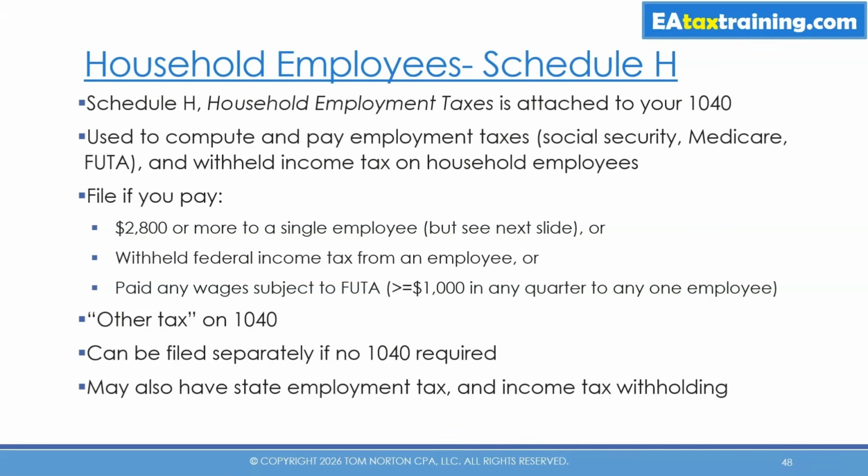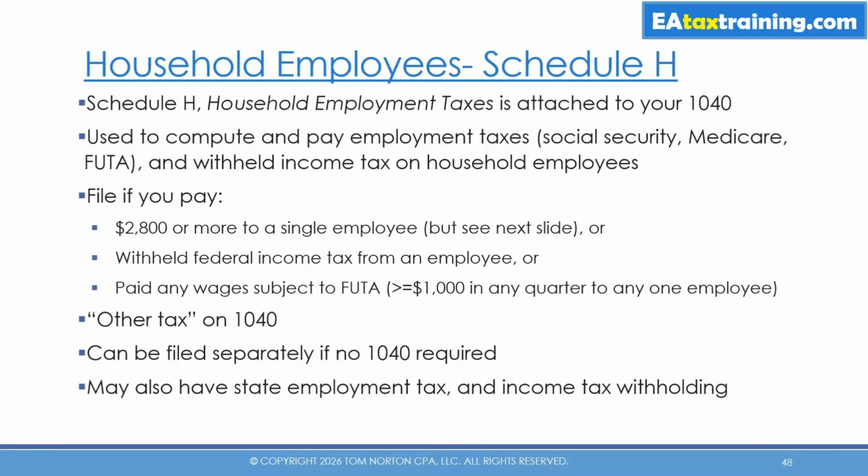You must file a Schedule H if you paid $2,800 or more to a single employee, or you withheld federal income tax from an employee, or you paid any wages subject to federal unemployment tax, which means greater than or equal to $1,000 in any quarter to any one employee.